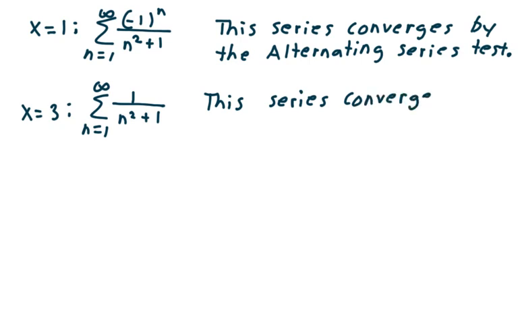And there's a couple of choices here, but I'm just going to say that the series converges by the integral test. So the integral test works, comparison test works, limit comparison test works. There's a few tests that will tell you why this series converges.